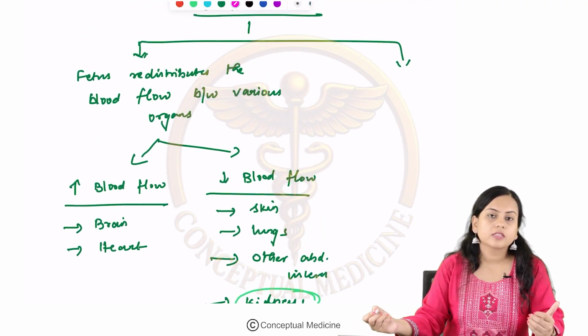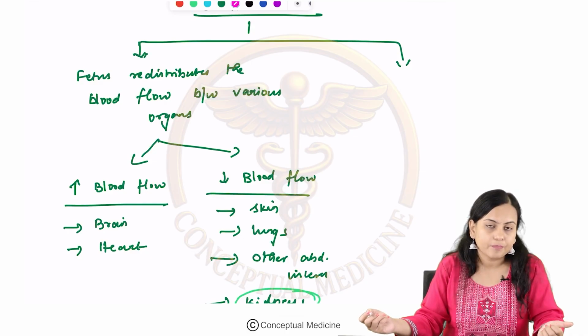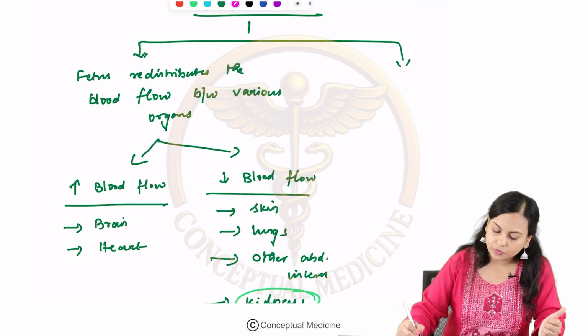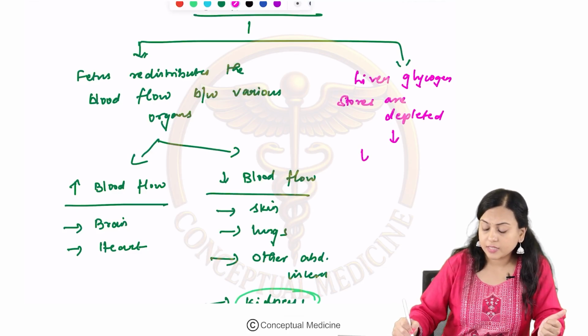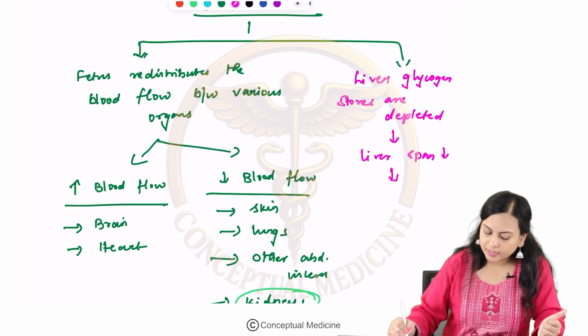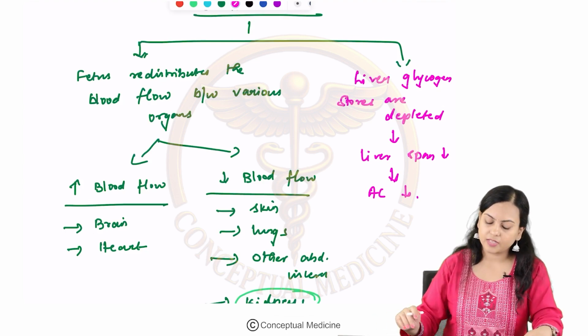When the baby is deprived of the blood supply, it is also deprived of nutrition, so it is going to use the glycogen stores present in the liver. The liver glycogen stores are depleted, the liver span reduces and then the AC decreases. Clear?